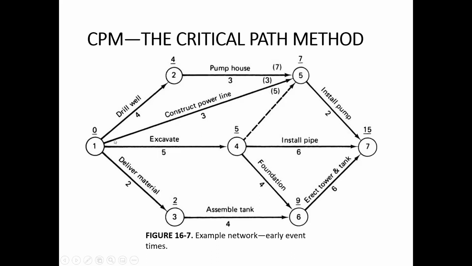Next, from here we see that 4 activities are starting. So for each of these, we can have this event time over here. For example, for this number 5, 7 is shown because this 5 depends on these 3 different activities: pump house, construct power line, and excavate, which is connected with this dummy activity.